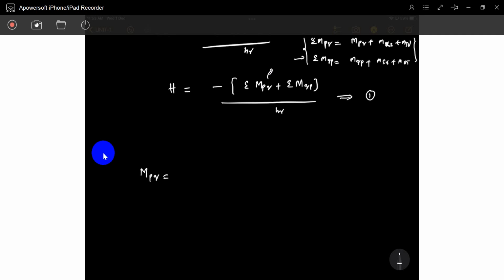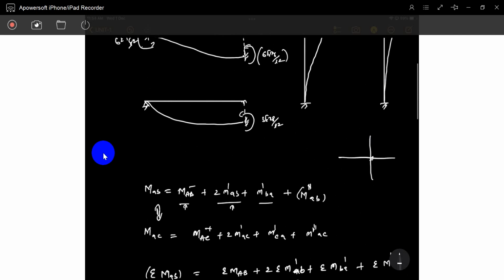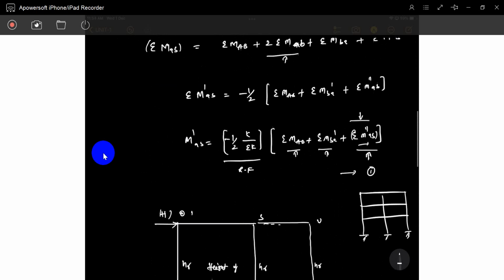The fixed end moment of PQ, plus 2 times the rotational contribution at joint P in the direction of Q, plus the rotational contribution at Q towards P. We already wrote this previously, the same as for AB.